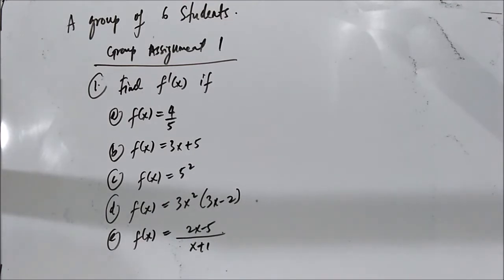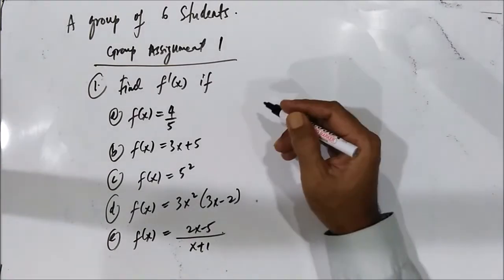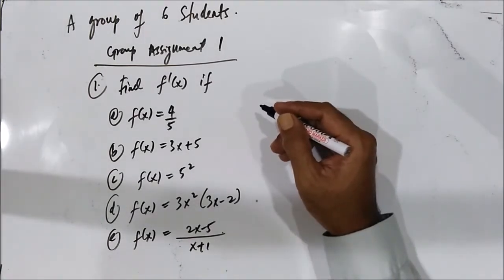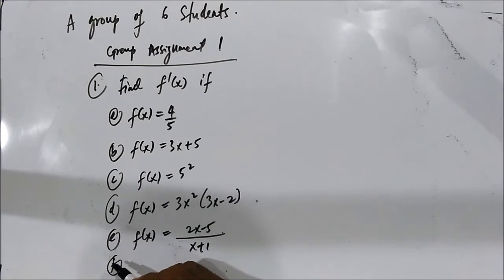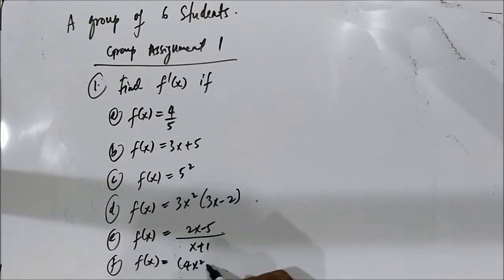This you can use the quotient rule. Use the quotient rule. And the last one, f(x) equal to 4x squared plus 1 raised to 3. Okay, so this is question 1.